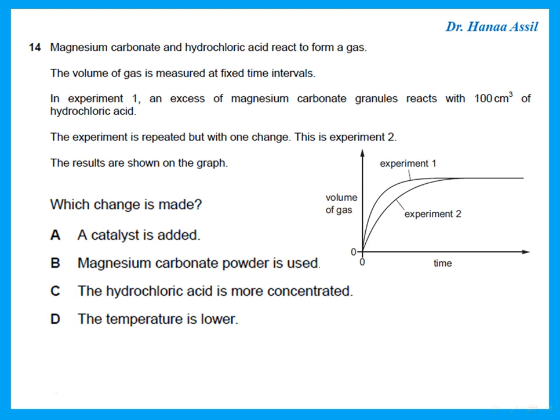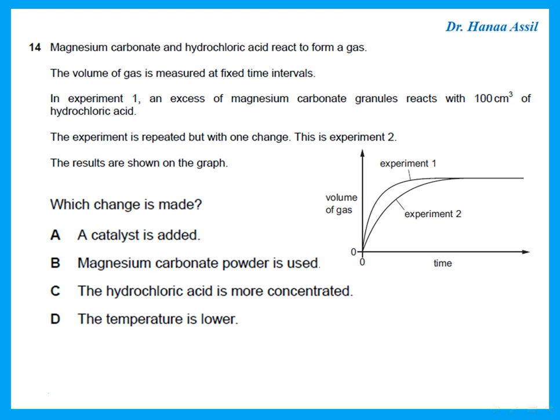Magnesium carbonate and hydrochloric acid react to form a gas. The volume of gas is measured at fixed time intervals. In experiment 1, an excess of magnesium carbonate granules reacts with 100 centimeter cubed of hydrochloric acid. Now the experiment is repeated and this gives experiment 2. Which change is made?